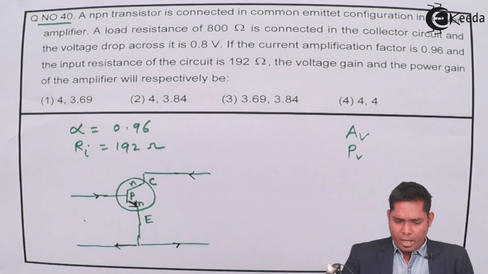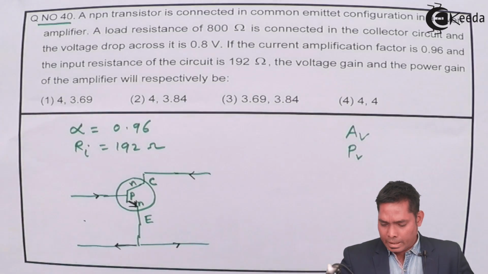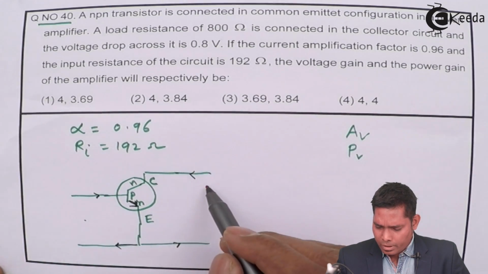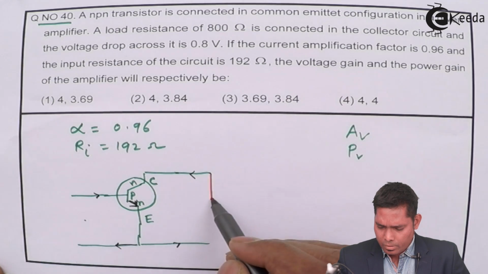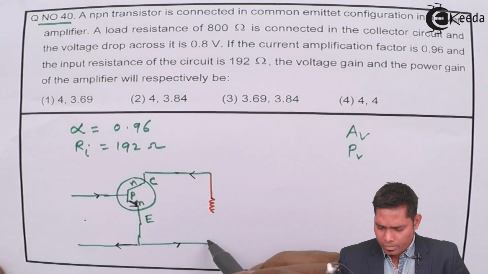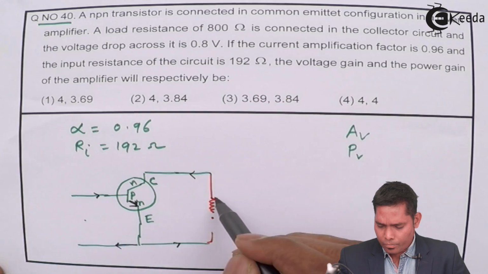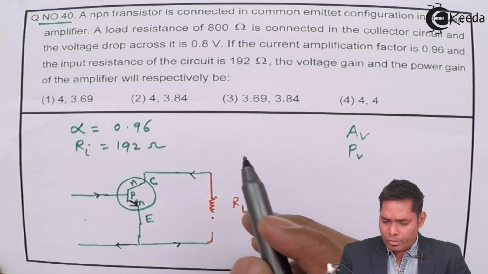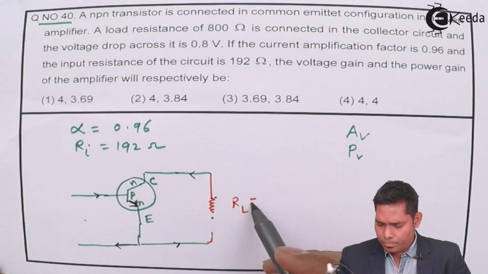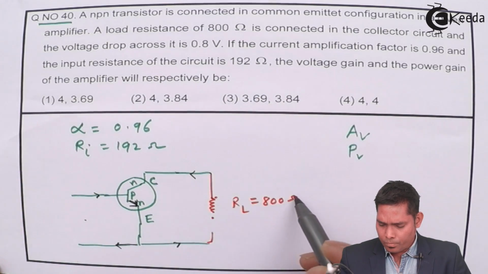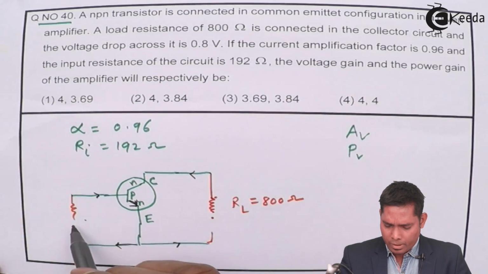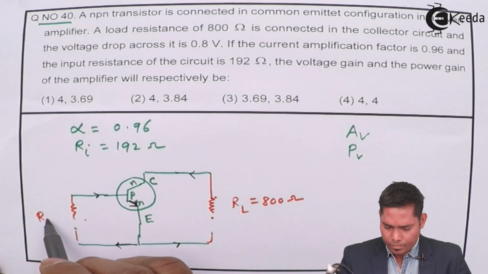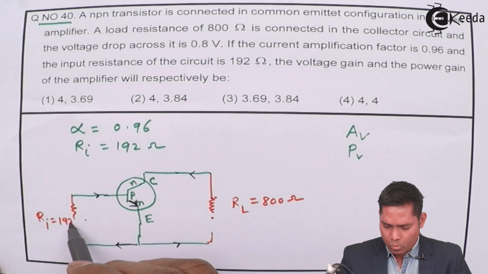Now this is the output circuit. The load resistance will be somewhere here. That is not drawn. The load resistance is 800 ohm. The input resistance will be somewhere here, that is 192 ohm.